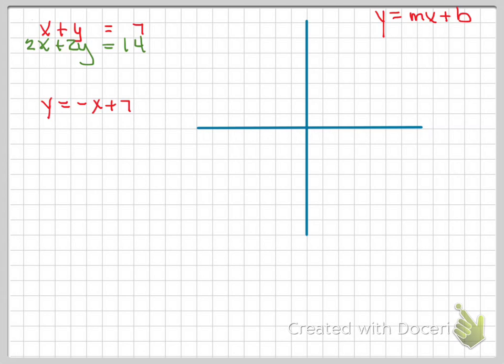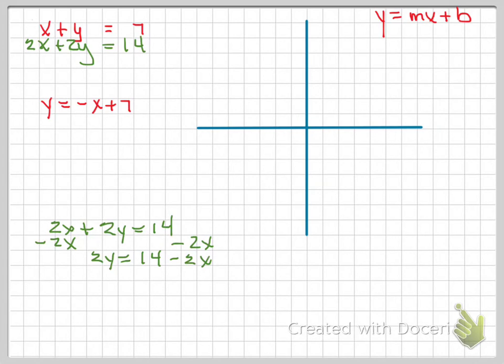All right, but let's look at the second equation. We have to do just a couple of simple steps to get it there. So I'm going to go down below a little bit. We have 2x plus 2y equal 14. We need to get that y by itself to put it in the form, so we know we can subtract 2x from both sides. So now we have 2y equals 14 minus 2x.